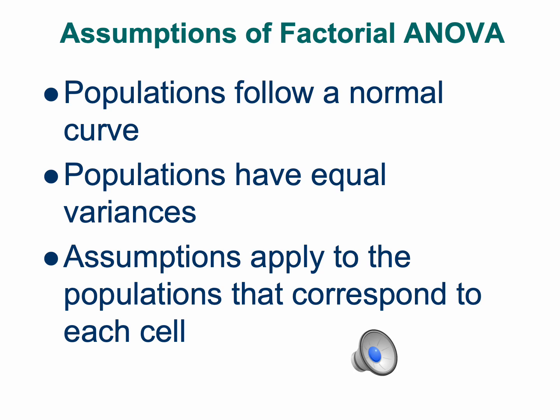The populations have to have equal variances. So the populations you're studying, men and women, type of directions and so on, the variances have to be equal. They can't be unequal or skewed. And these assumptions apply to the populations that correspond to each cell. Now sometimes when you do a factorial analysis of variance, like we did actually with very small numbers, some of these assumptions can be violated.